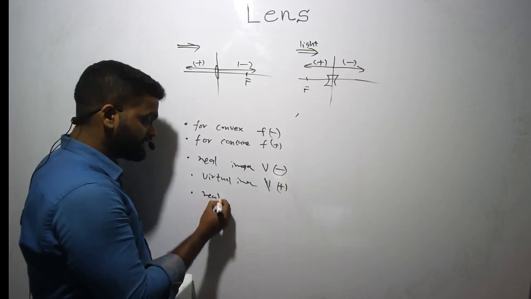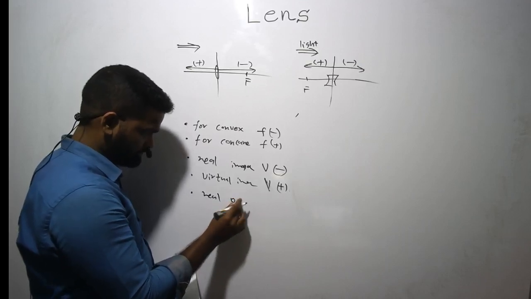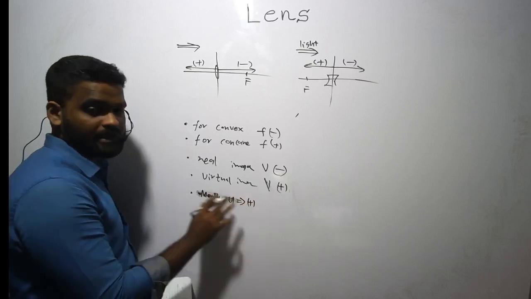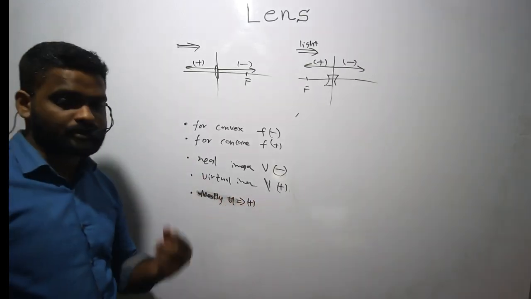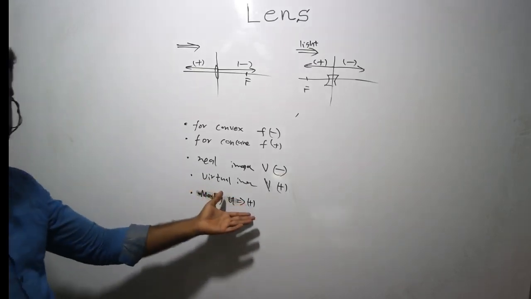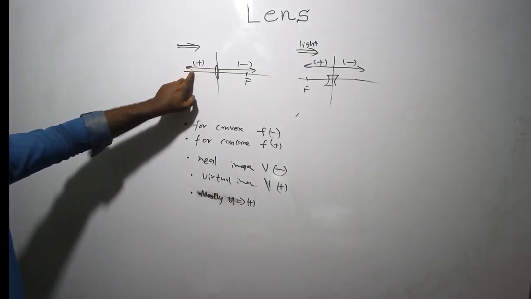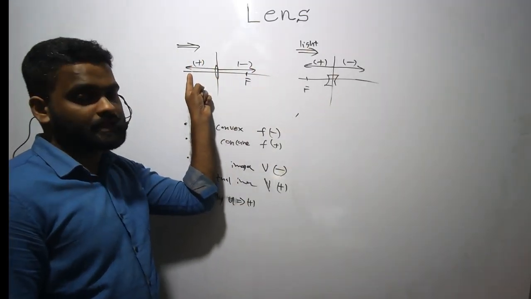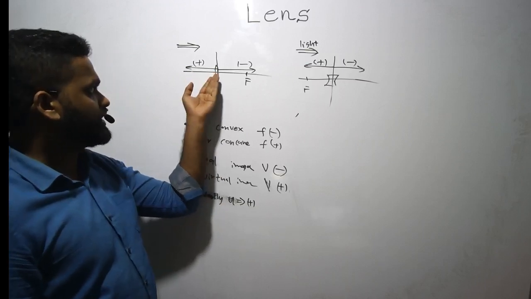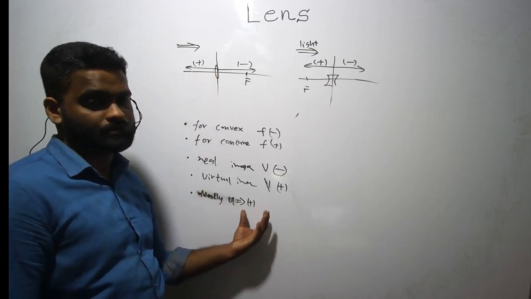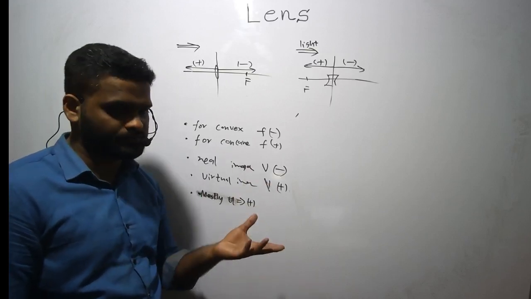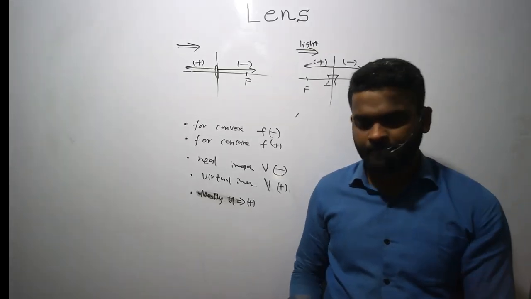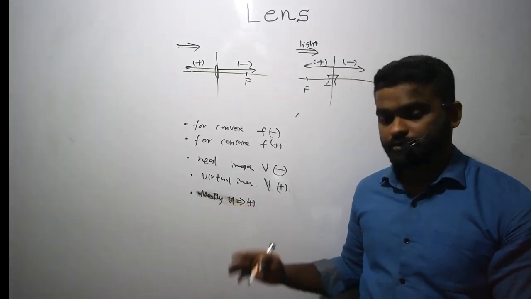Then real object, just write mostly U is positive. Below that point, mostly U is positive. Why is that? We normally place the object here, right? There's something called virtual objects. You will learn that later. Usually we place the object here, so you can see you have to measure it to this side. So U is usually positive. Some cases it becomes negative, like virtual objects. We'll talk about that separately, but in most cases U is positive.